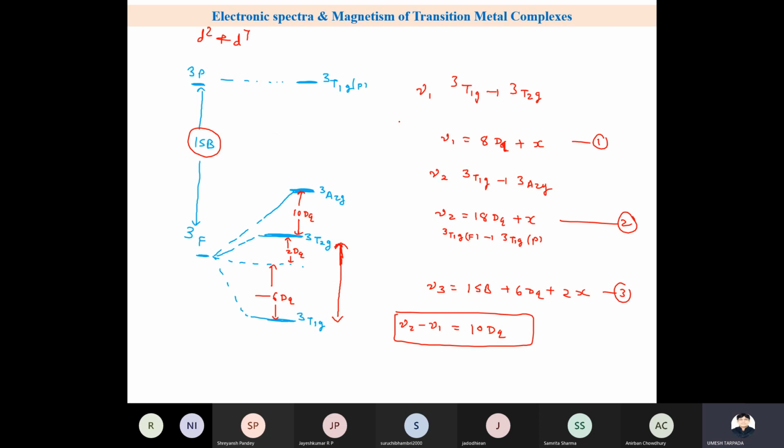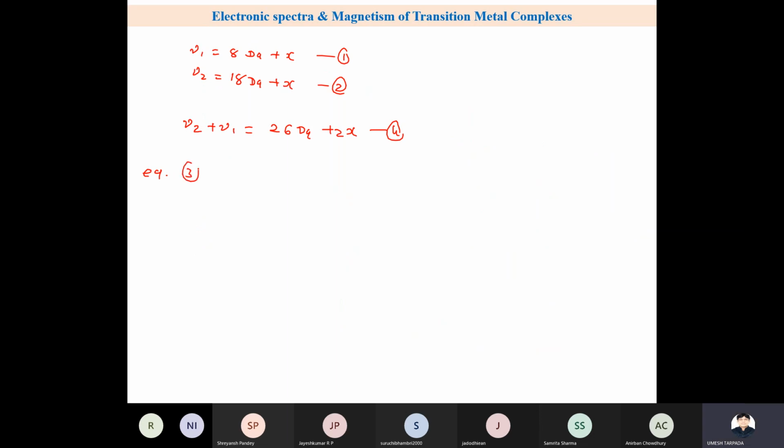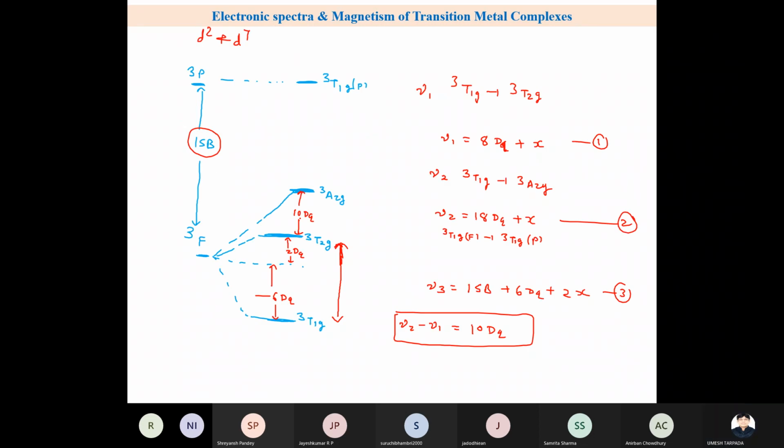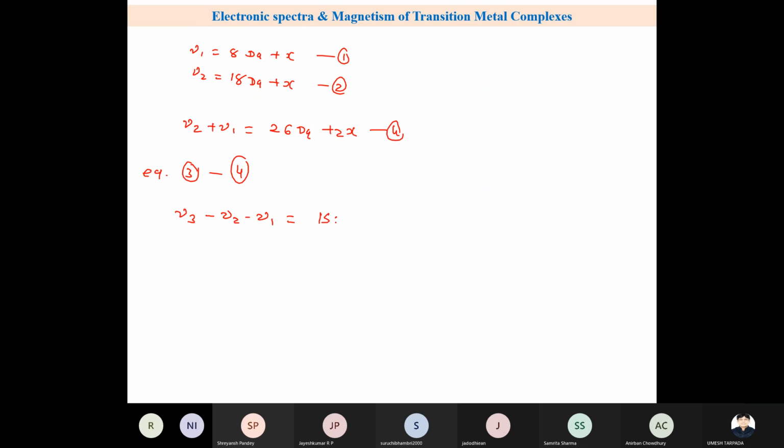See, both have a 2x term, so what will you do? Remove x: equation 3 minus equation 4. Equation 3 minus equation 4 gives ν3 minus ν2 minus ν1 is equal to 15b plus 6 dq, minus 26 dq, and minus 2x plus 2x cancel out. So how many dq is it? 15b plus 6 dq minus 26 dq, so minus 20 dq.